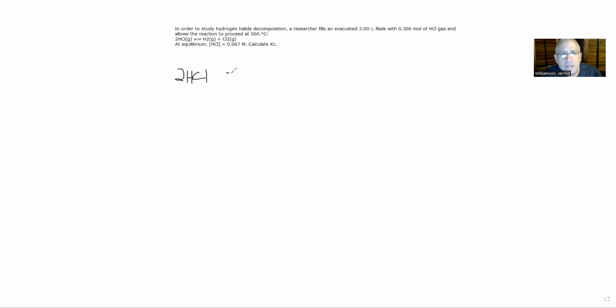Let's just understand that it's in the gas phase. It is in equilibrium with H2 gas plus Cl2 gas. The L's are not supposed to have a tail on them.